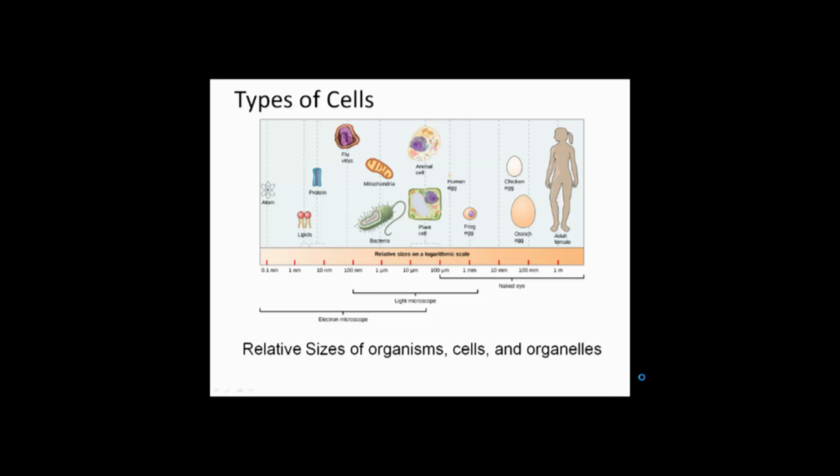Bacteria, on the other hand, are relatively a little bit smaller at 1 micrometer. They're a little more difficult to see with a light microscope, but not impossible, especially if you have an oil immersion lens. An oil immersion lens can magnify up to 1,000 times.